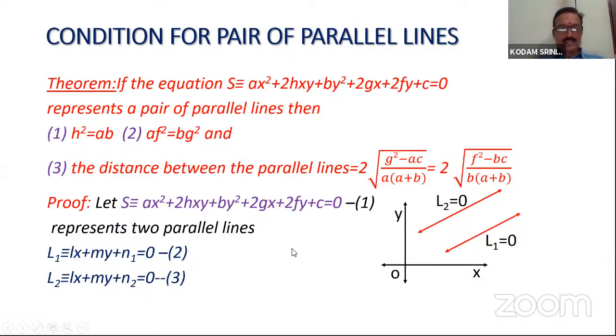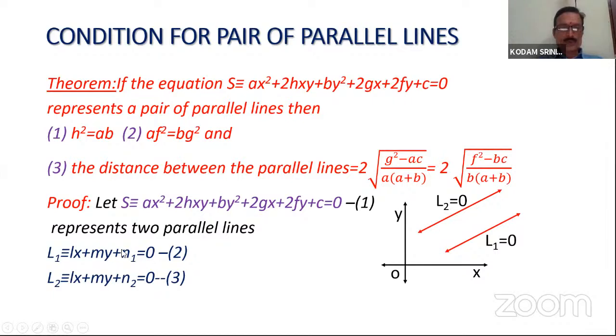We know that any equation of a straight line which is parallel to the straight line ax + by + c = 0 is of the form ax + by + k = 0, meaning only the x and y terms will be the same and only the constant part will be different.